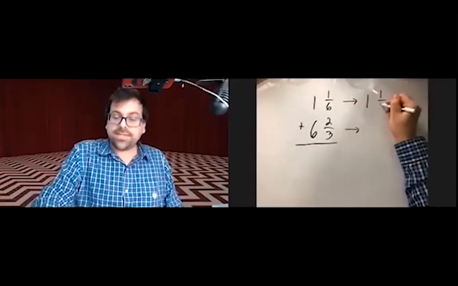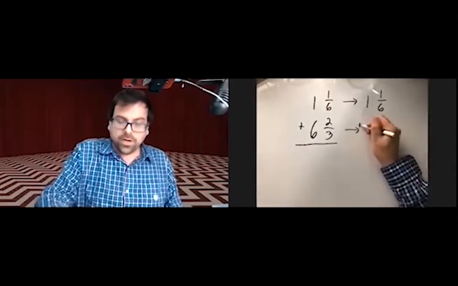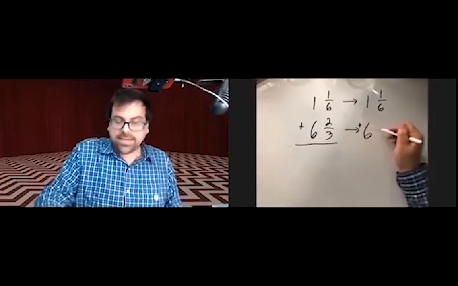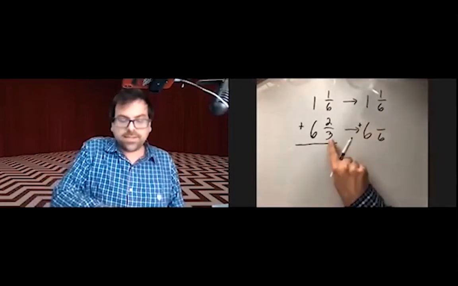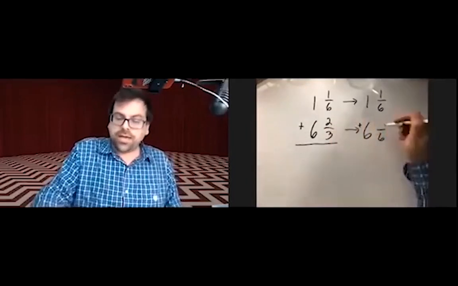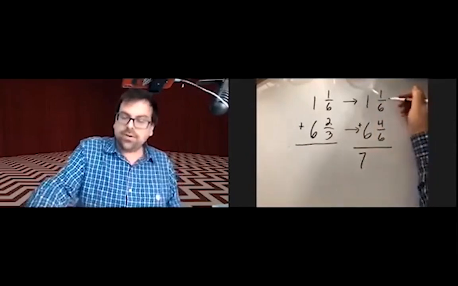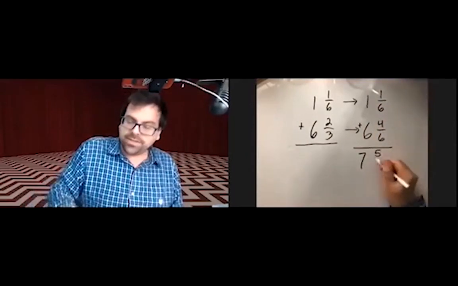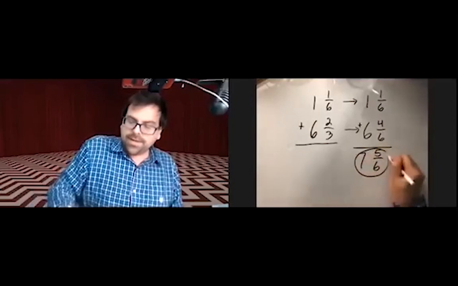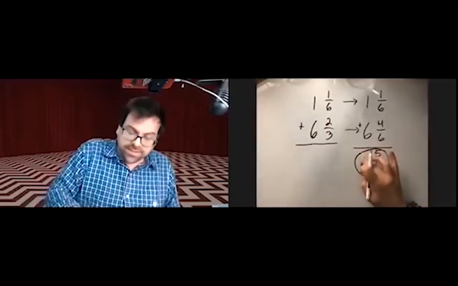So this one stays 1 1/6. But here we're going to be adding 6 and some number of sixths. To go from 3 to 6, it's times 2. 2 times 2 is 4. 1 plus 6 is 7. 1/6 plus 4/6 is 5/6. So 7 and 5/6.